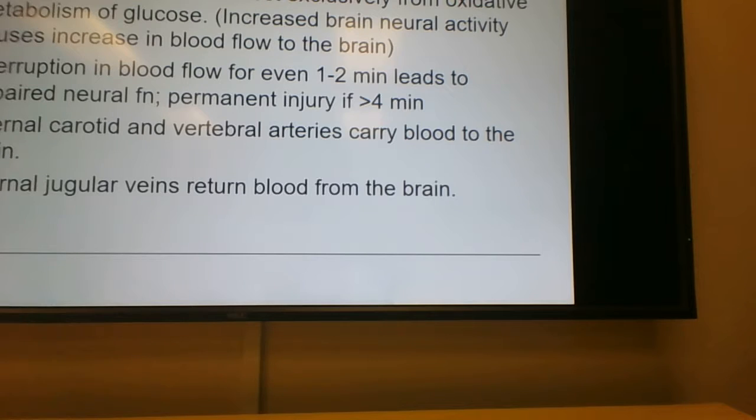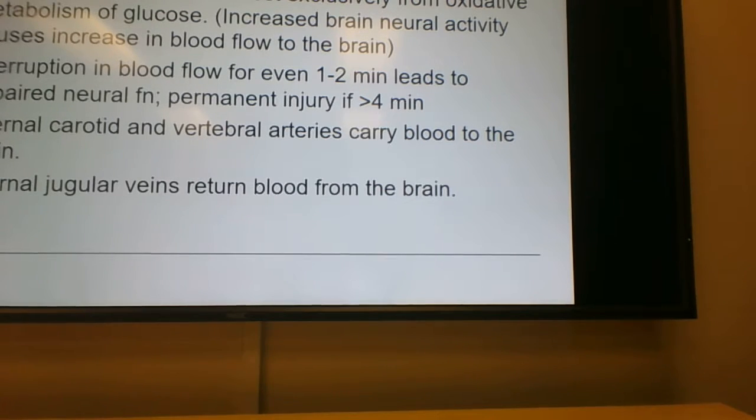So let's say there's an interruption in blood flow, though. That can be very bad. For 1 to 2 minutes of no blood flow, it may impair neuronal function, and we can even have total deprivation of oxygen.